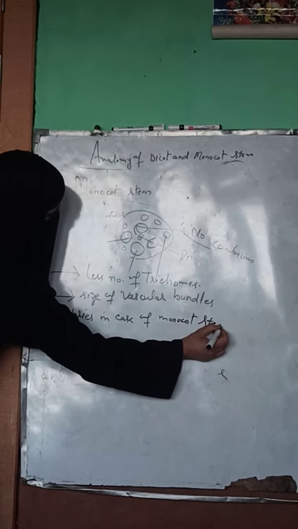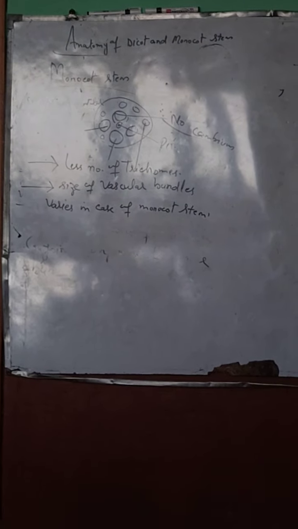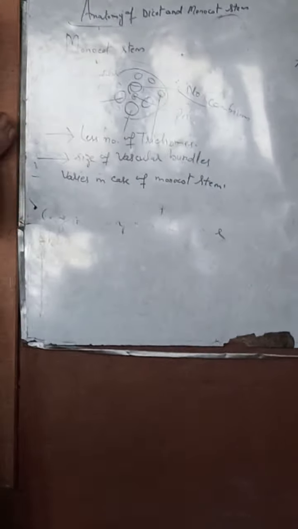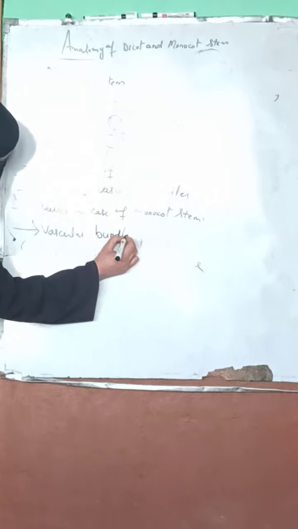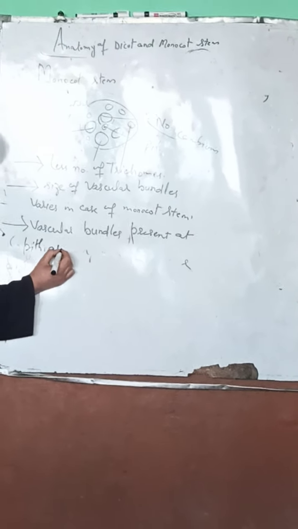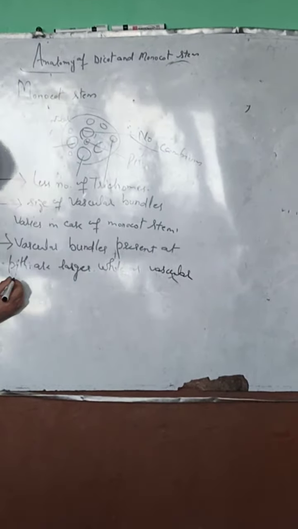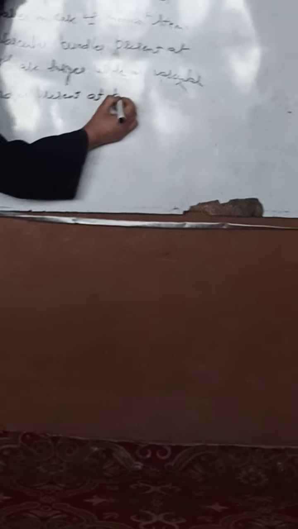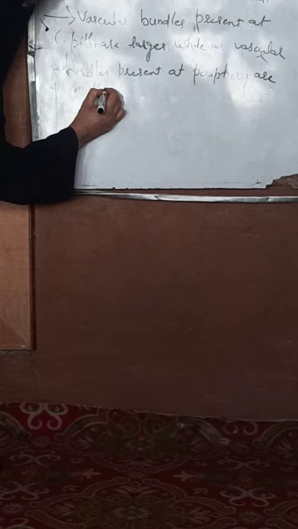Vascular bundles present at the pith are larger, while vascular bundles present at the periphery are smaller.